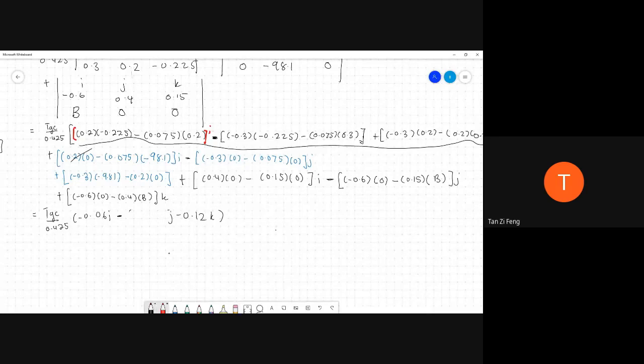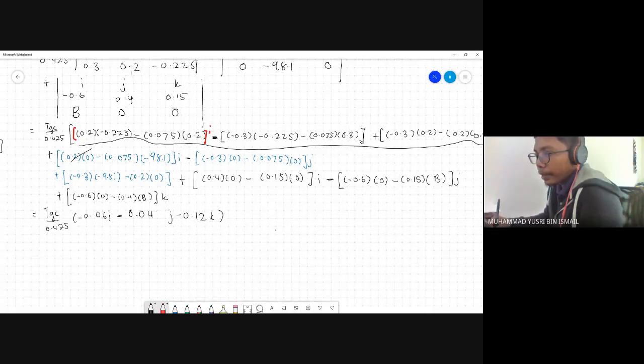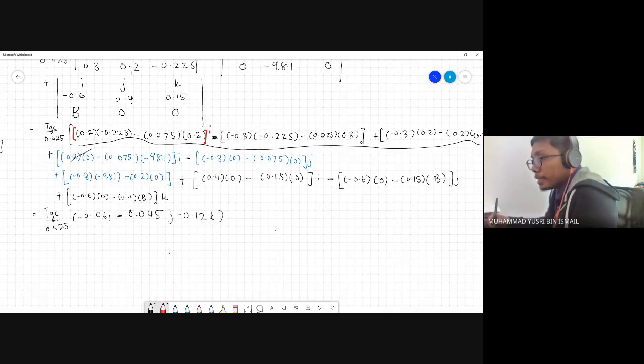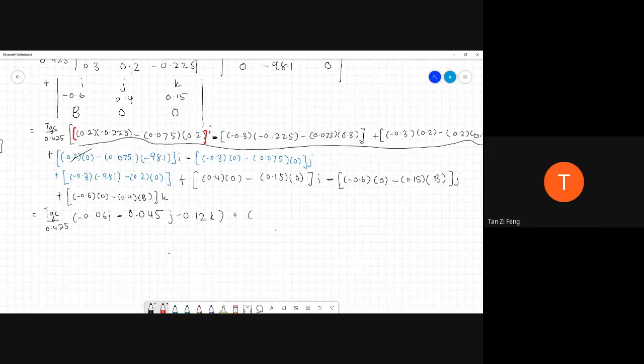Negative 0.045. Okay, and then for the blue one, can you please tell me what is the results? I haven't done yet.